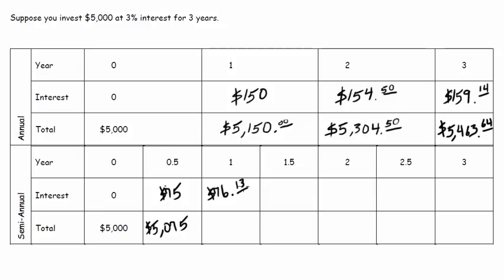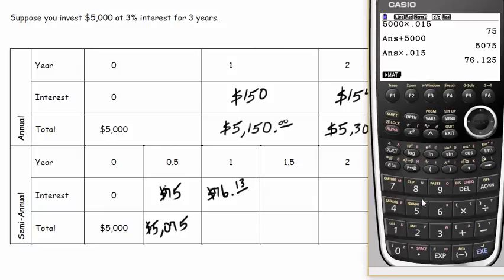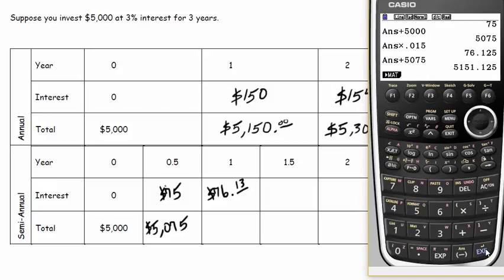Okay, and then I add that back to the $5,075 I already have, and I get $5,151.13.